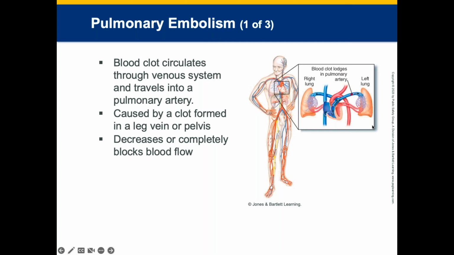And then it breaks off, circulates through the venous system, and moves through the right side of the heart into the pulmonary artery. It then decreases or completely blocks the blood flow, where no exchange of oxygen or carbon dioxide occurs in the areas of the blocked blood flow. There's no exchange happening. This causes ventilation perfusion mismatch, or the VQ mismatch.